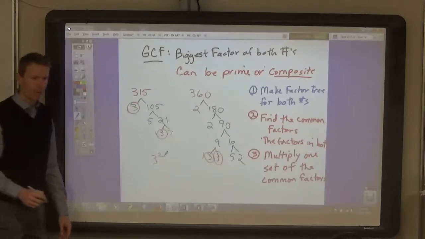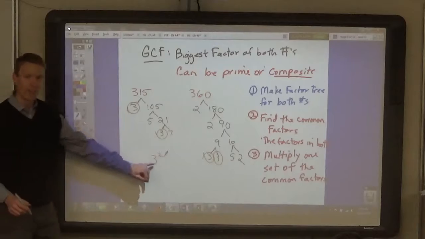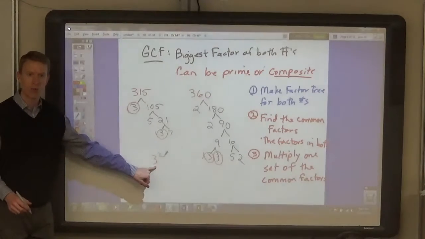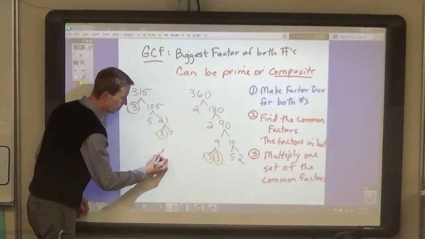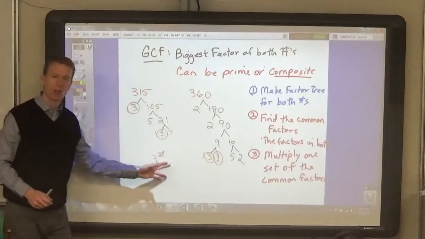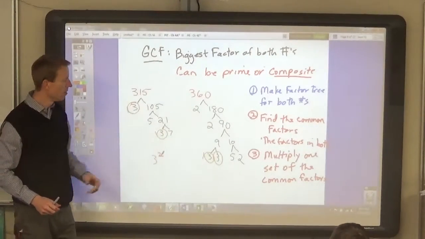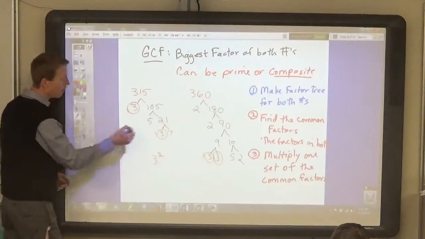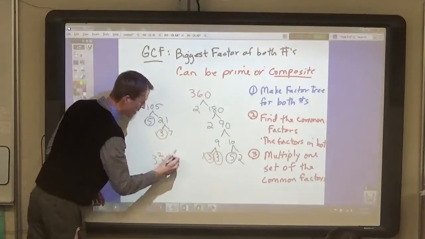Right, so we have to multiply 3 squared as part of the greatest common factor. There are 2 3s in both numbers, so we're going to use 2 3s when we're finding the greatest common factor. There's also a 5 in both numbers. So we have to use a 5 to find our greatest common factor.